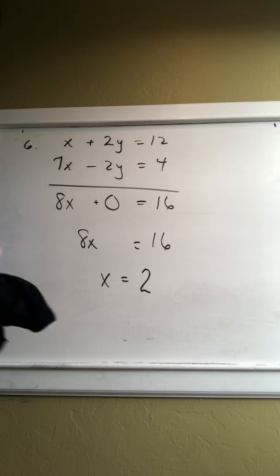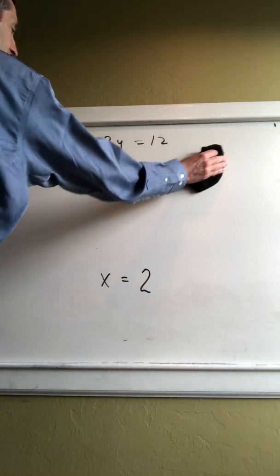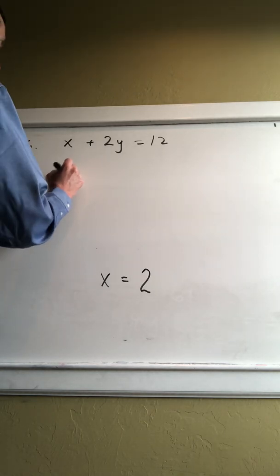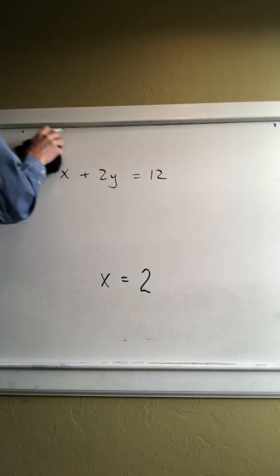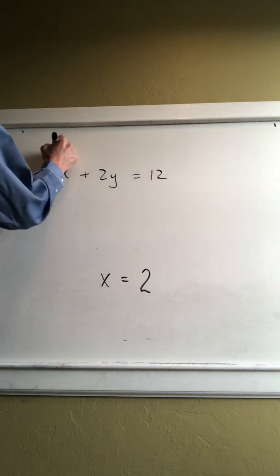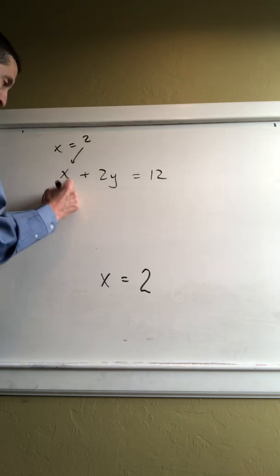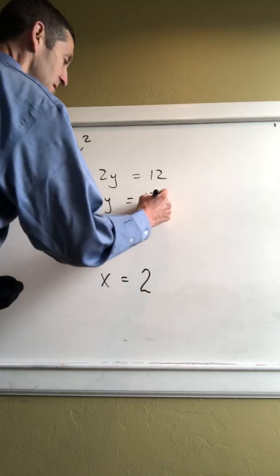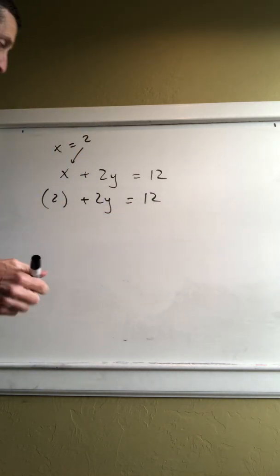Then you can, just like we did on substitution, once you have this answer, you just go back up and grab that top equation, and you just substitute in. So our top equation, x plus 2y equals 12. You know x is equal to 2. You just drop in the 2. And then you can get your answer for y. You got to have an x, you got to have a y.